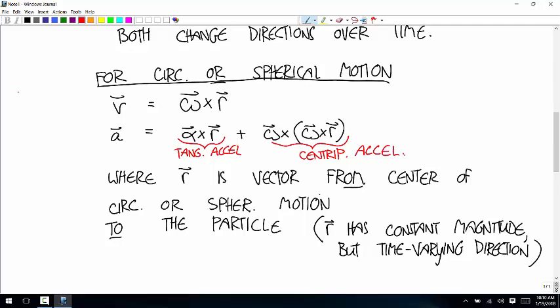So if you did this in a scalar form, you had the magnitude of the angular velocity times the magnitude of the angular velocity times the distance from the center to the object. That's just a scalar, and then it was pointed from the object toward the center. In this format, you don't have to think about those directions. The cross products do the directions for you. You have to group it in this order because if you did omega cross omega, you'd get 0.